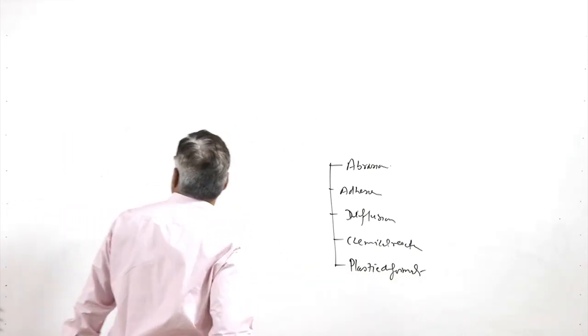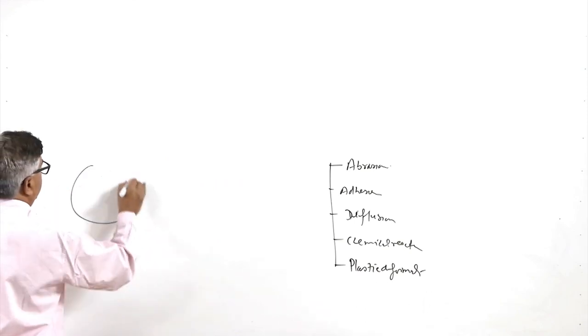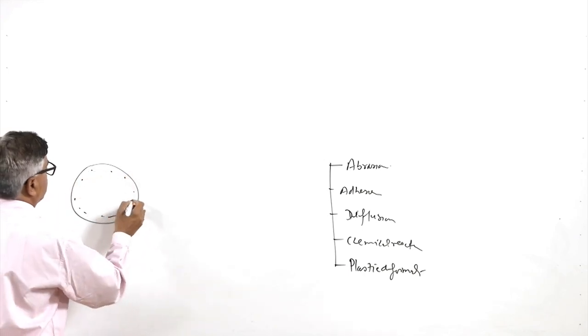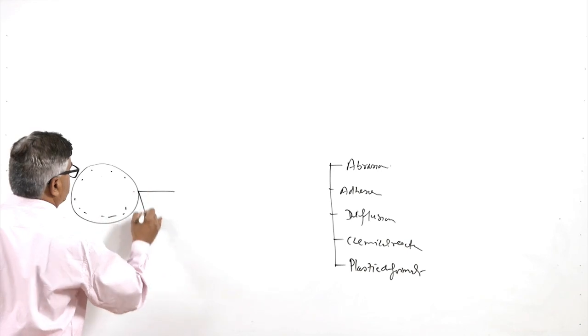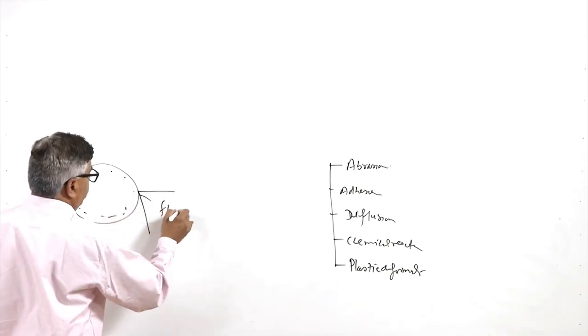Considering the first, abrasion: if the workpiece material has hard constituents in it, then during machining these hard constituents will be rubbing with the flank of the tool.